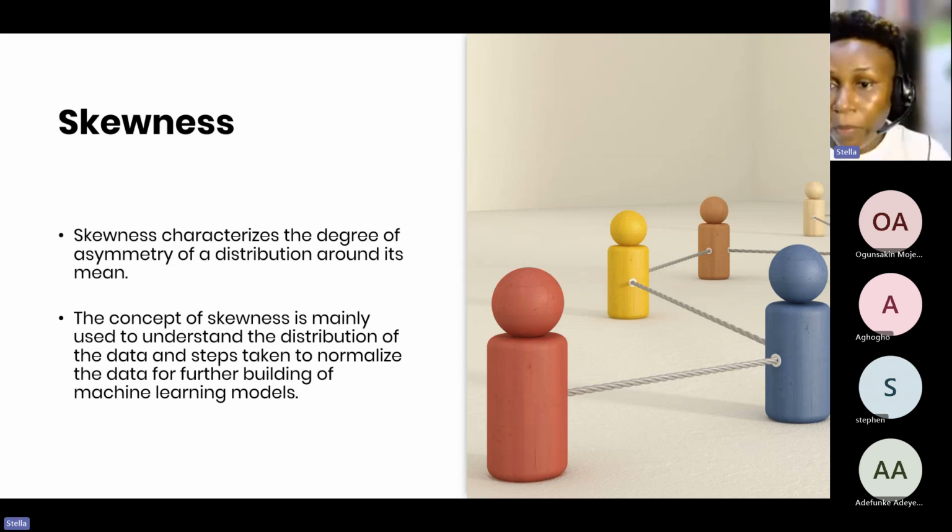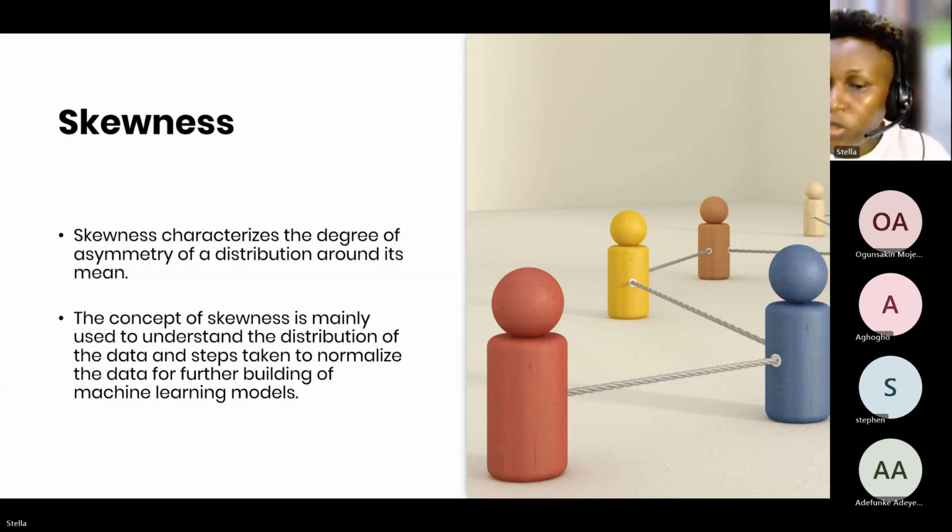A data set that is not properly distributed or that has lots of outliers, like I've explained in the case of our interquartile range, if you build a model with that kind of data set, you're going to have spurious output. You may end up making conclusions from your findings based on a result that is not correct.